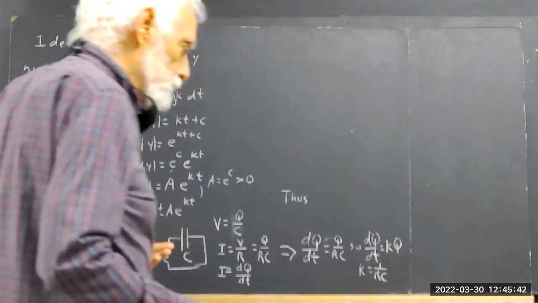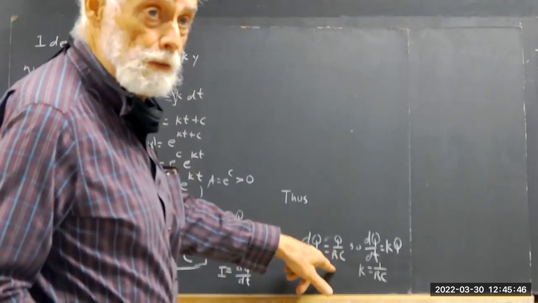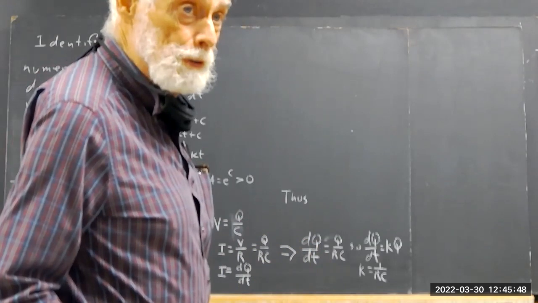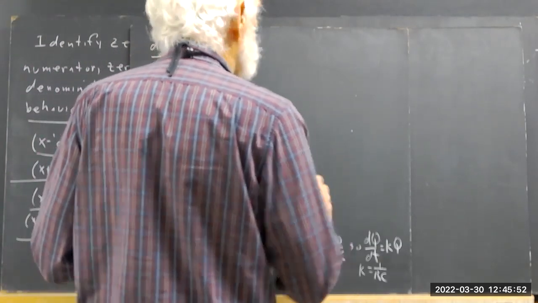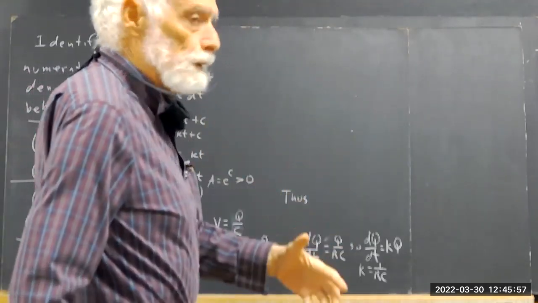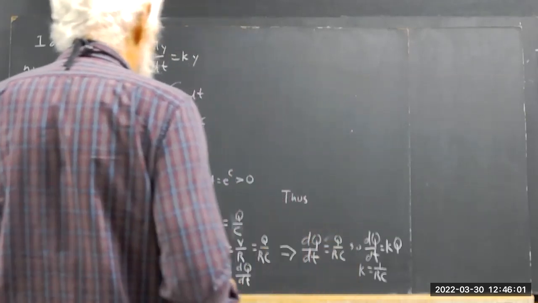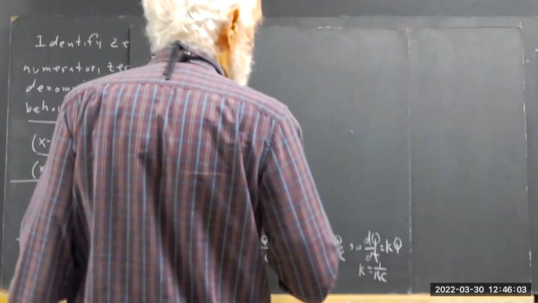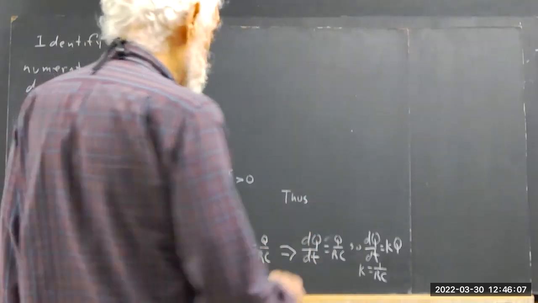Without talking about the signs and stuff, if the capacitor is discharging, then this is a negative Q over RC. But if it's charging, then it's positive, and there are constants to be evaluated and initial conditions and stuff. And I went through the details last time, so just get it from the video.